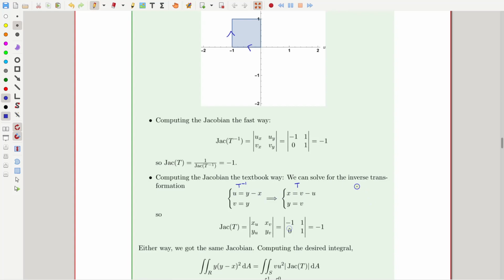That gives you x is equal to y minus u, and we showed that y is equal to v, so of course that gives you v minus u. That's how we end up with the first equation there. So this is the inverse of T inverse, which is T. This maps you from uv to xy, which is what you want.